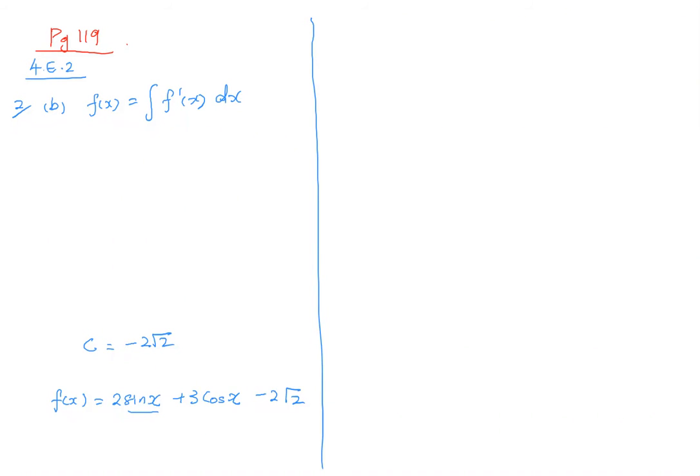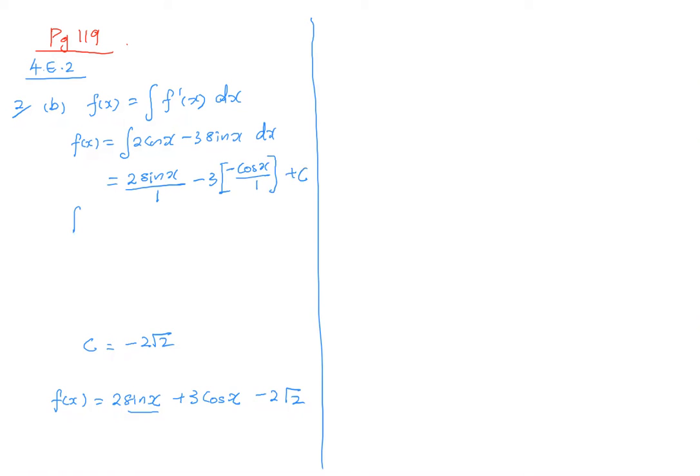So your f'(x) is 2 cos x minus 3 sin x, correct? When you integrate cos, you get sin, then you divide by 1. When you integrate sin, you get negative cos, correct? Yes. Then you plus the c.